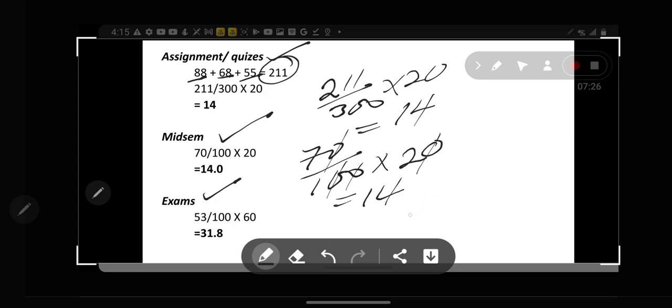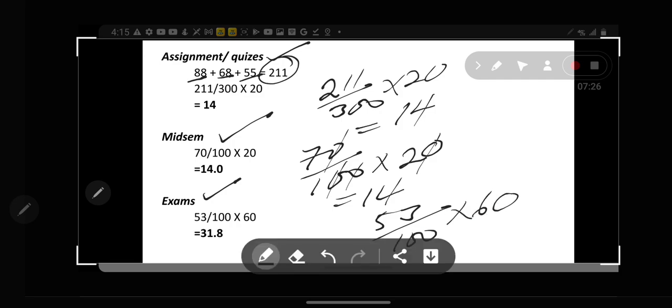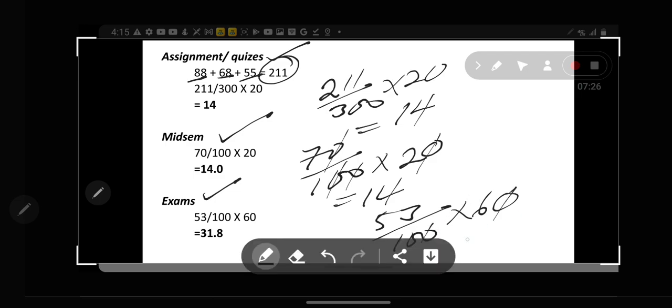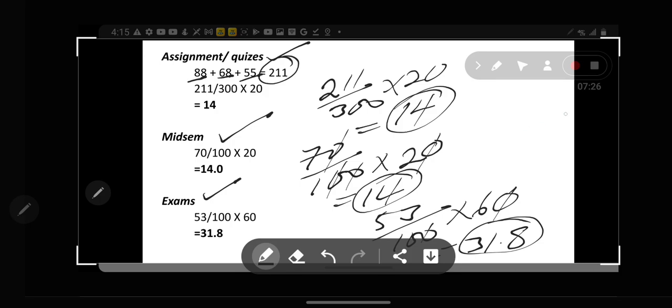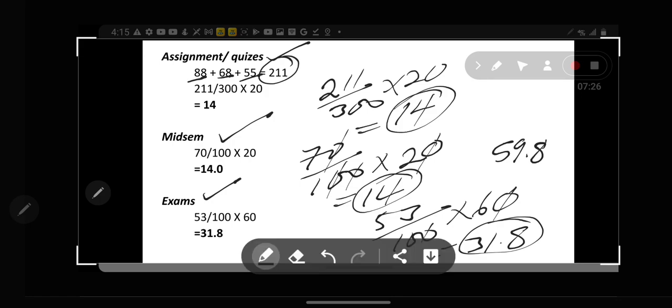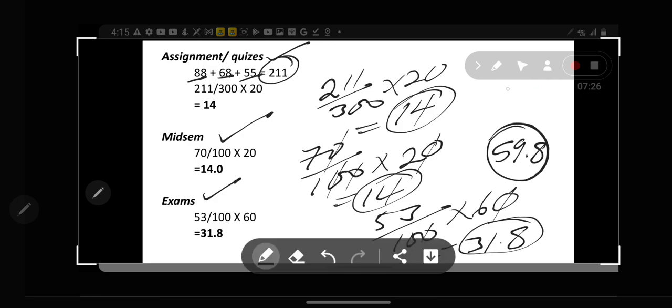Then the end of sem, the individual scored 53 over 100 times 60. Note that the end of sem is over 60. If you multiply, you get 31.8. So this 14 plus this 14 plus this 31.8 gives you 59.8, which was used for the grading, and the individual got C because it is approximately 60.